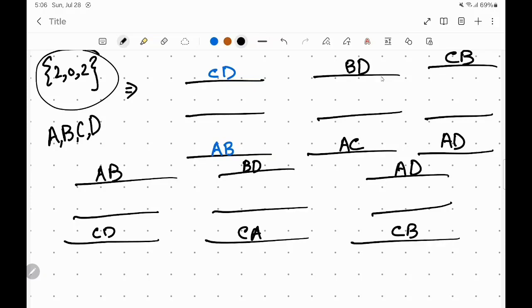Now if let's say all particles are indistinguishable, then what will be the number of orientations under this configuration? Number of arrangements. How many arrangements will be there?